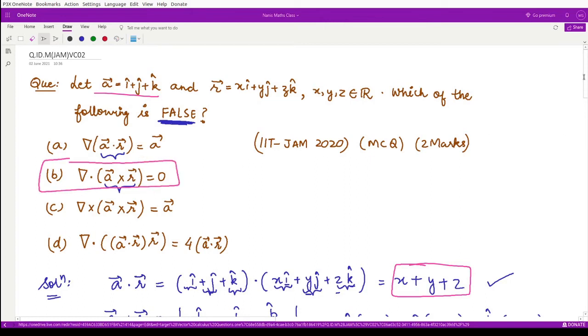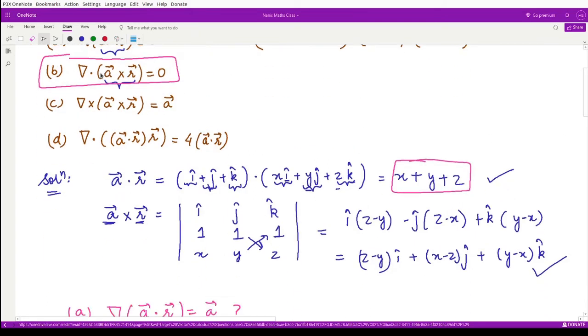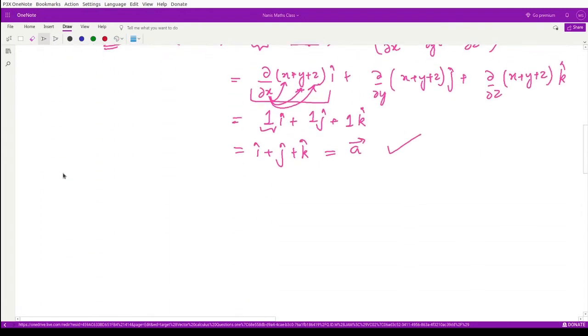For option B, we are to check del dot A cross R, and whether this is equal to 0 or not. In order to prevent the lengthy calculation, you can just see what this is. This is the divergence of the curl of some vector r.